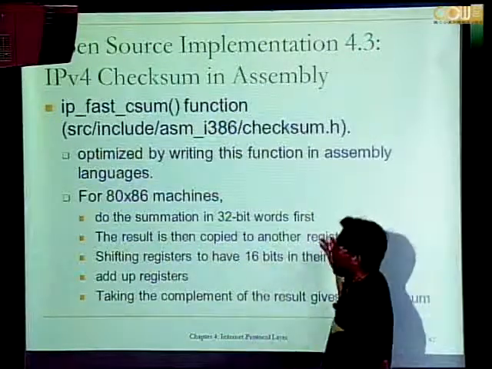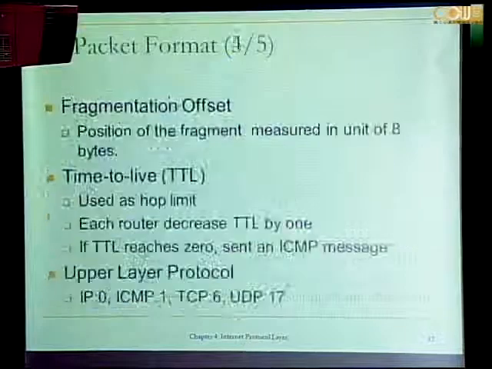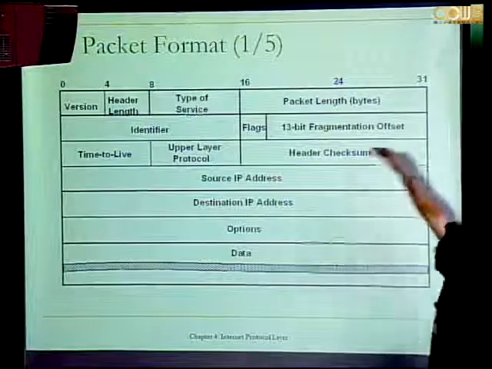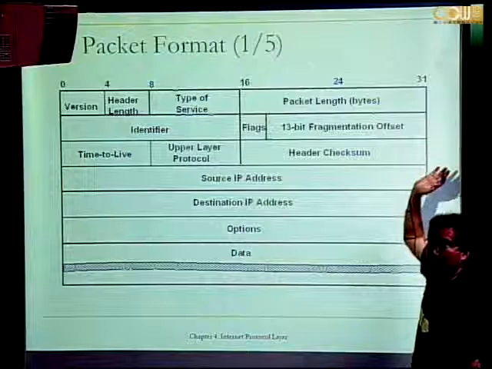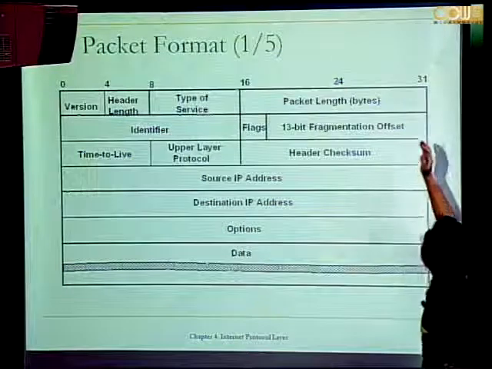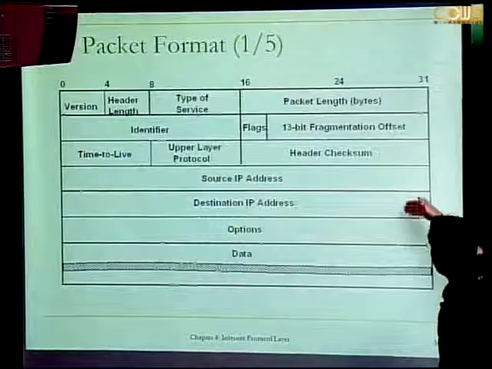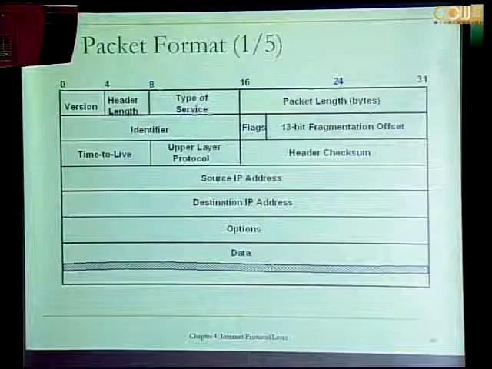After you finish, I add them up. Each of them is 32 bits, which is the width of the word on most computers. And then the result is now in a 32-bit word.